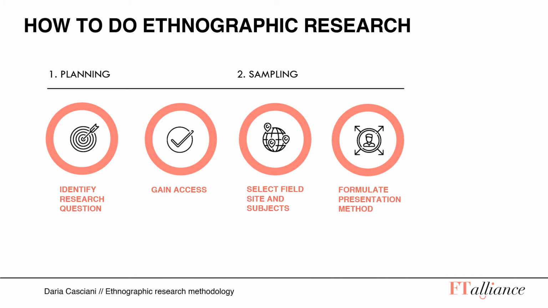In general, the central issue of sampling is to understand the trade-off between the number of cases, so the settings, the individuals that you want to observe or interview, and the actions and activities that you are going to select, which make up the breadth of the study, and the time that the ethnographer needs to undertake for the activities of their research.